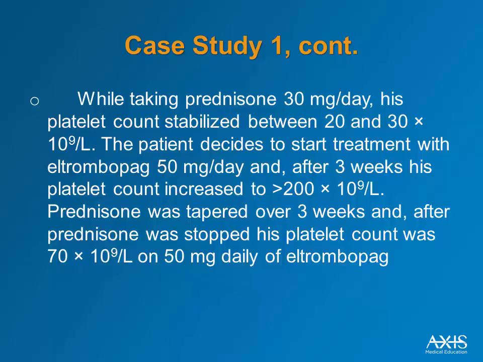Not wishing to keep his platelet count at this level, prednisone is gradually tapered over 3 weeks, and after the prednisone was stopped, his platelet count was 70,000 per microliter on 50 milligrams daily of eltrombopag.